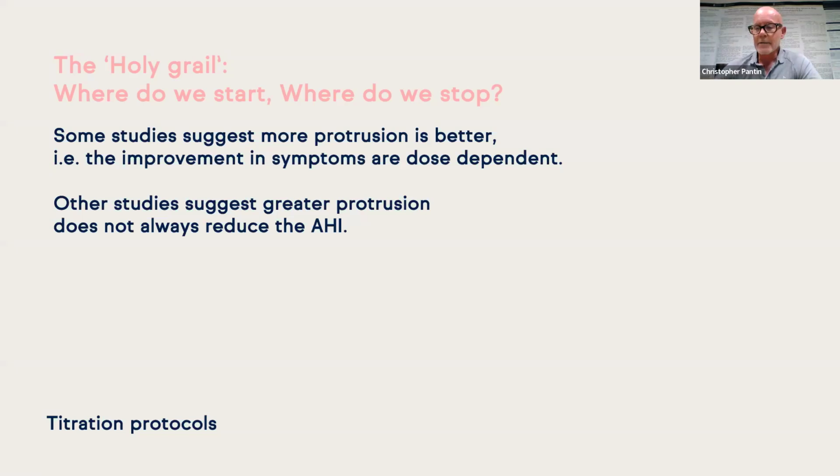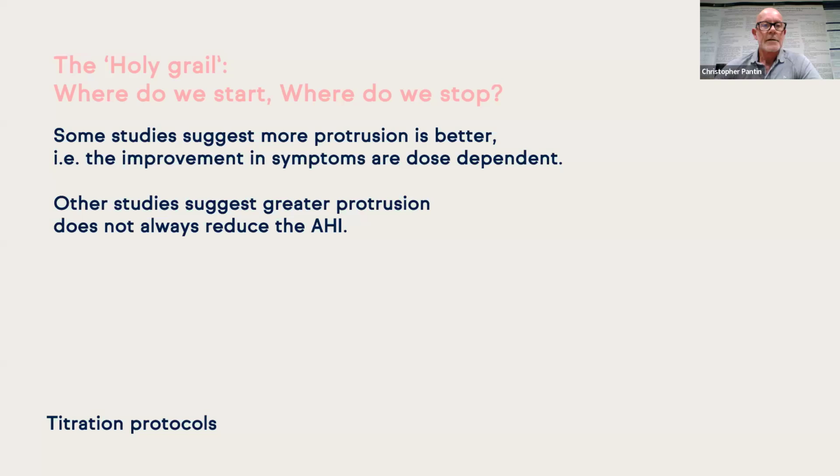So the holy grail really in dental sleep medicine is, well, one of them is predicting who a mandibular advancement splint will work in. And the second one is how far we need to protrude the mandible to achieve an outcome. So this is referring really to the second holy grail. Where do we start and where do we stop?